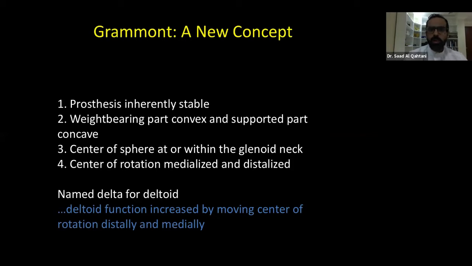So the weight-bearing part is convex and the supporting part is concave, with the center of the sphere at or within the glenoid. So there is a medialization of the center of rotation, and also distalization to have tension on the deltoid. And the name Delta for his implant came from the deltoid, because deltoid function increased by moving the center of rotation distally and medially.